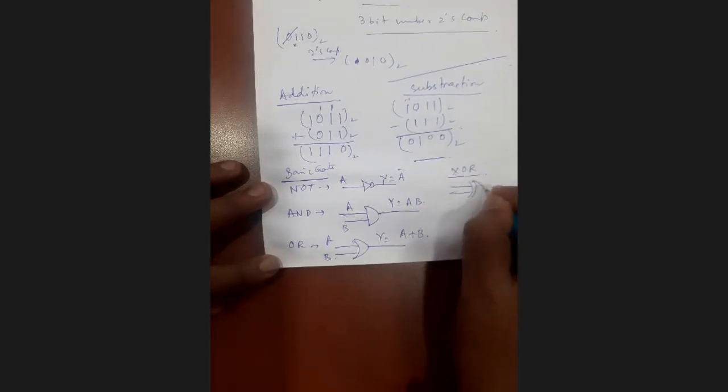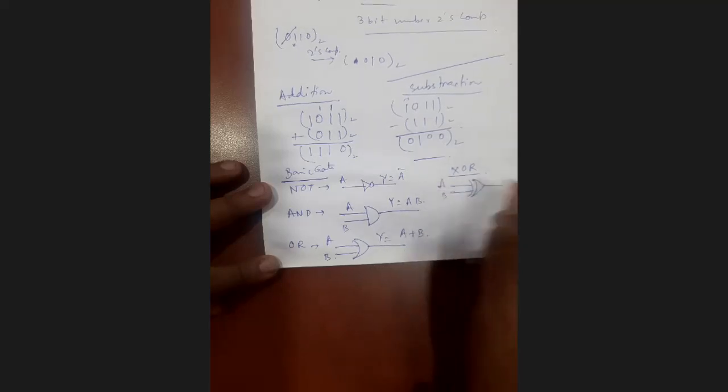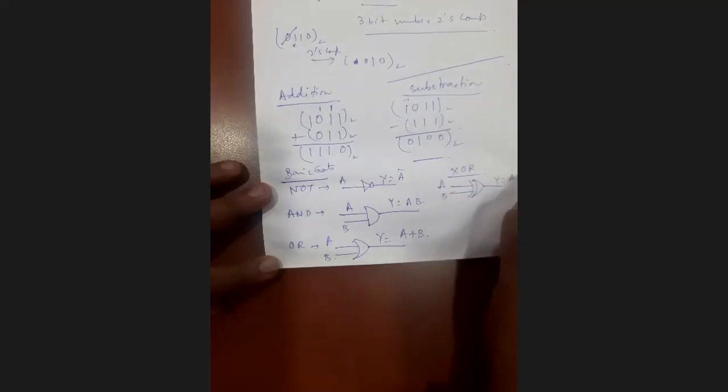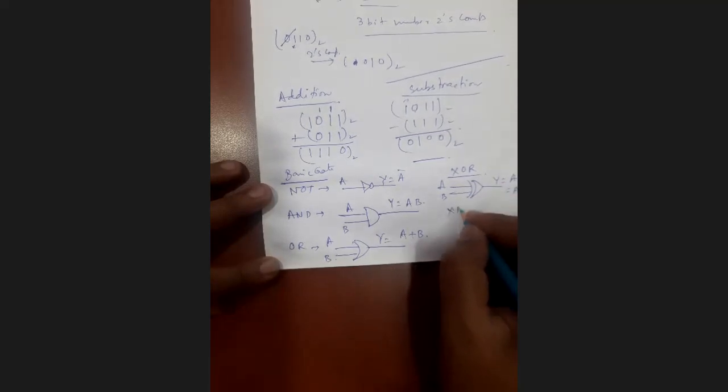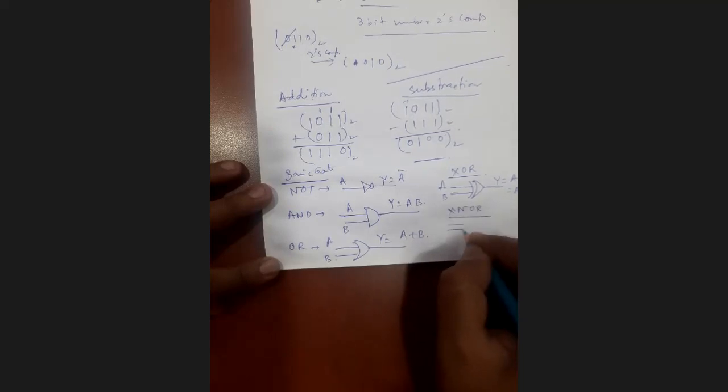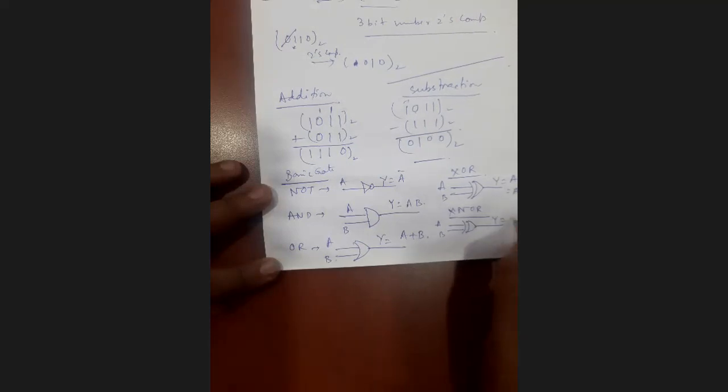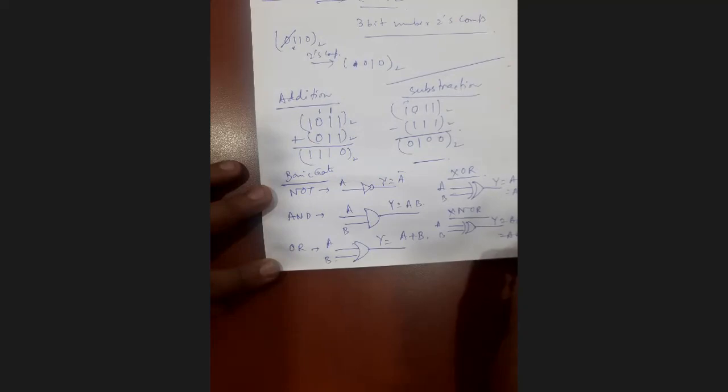Time is very low. A and B input, so the output is A XOR B, that is A B complement plus A complement B. XNOR is also there. The output is A XNOR B, that is AB plus A bar B bar.